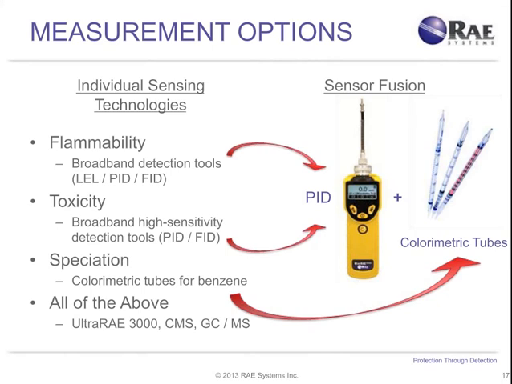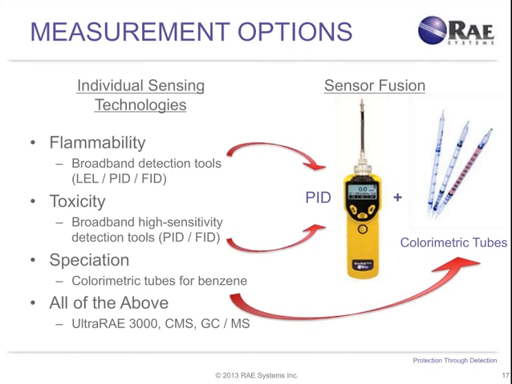So a PID would go out to 15,000 ppm, and we saw that the lower explosive limit for benzene was 12,000. So a PID can detect benzene at concentrations from the parts per billion range out to its lower explosive limit. Same for an FID, a flame ionization detector. So these tools can be used fairly well for benzene across its concentration range, right?